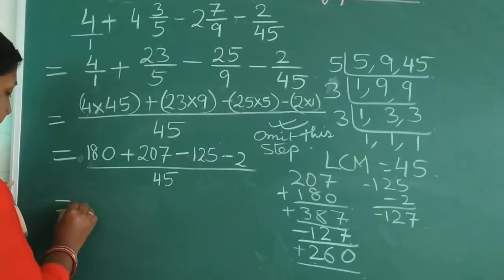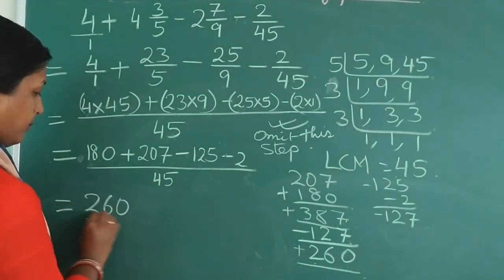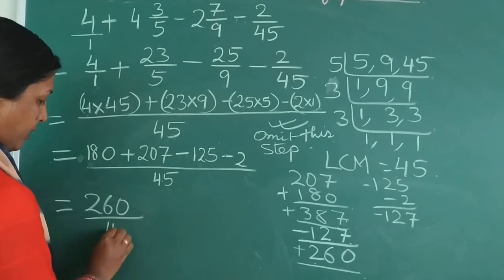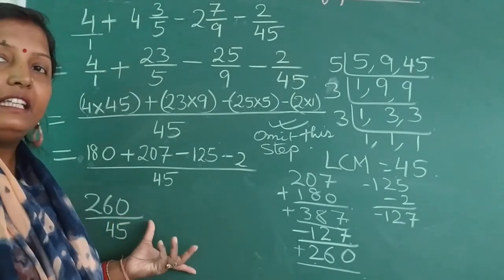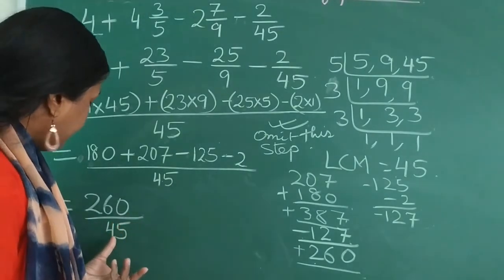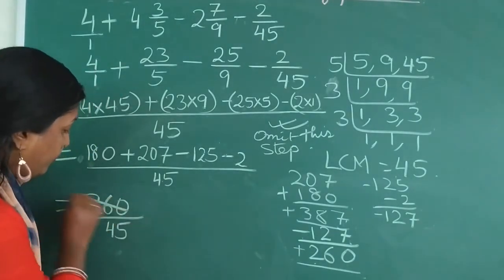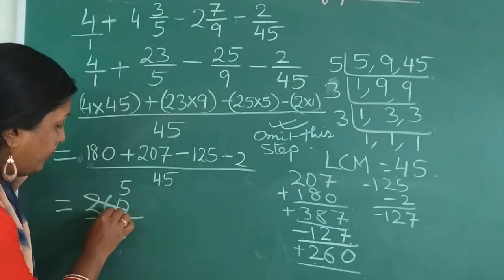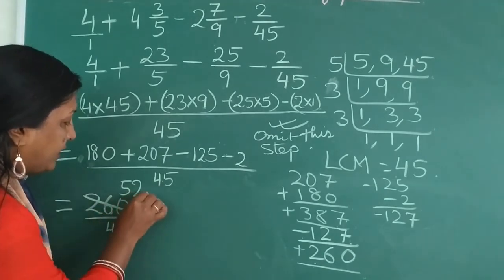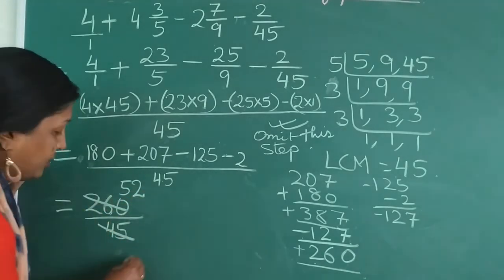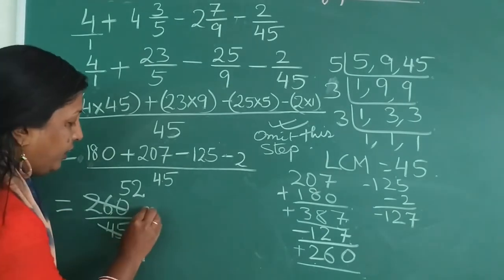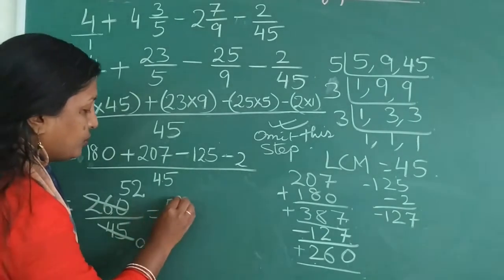So our answer is 260 by 45. Now as you can see, the answer that you got is having a common factor. So now, go for 5. 5 5s are 25, 5 2s are 10. So this is oral division. 5 9s are 45. So we get 52 by 9.